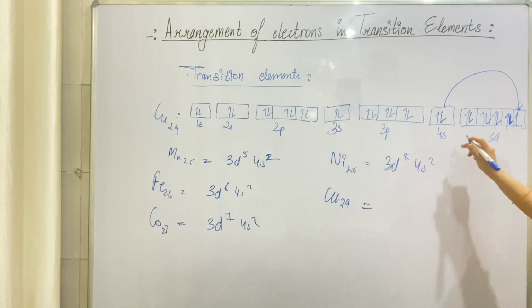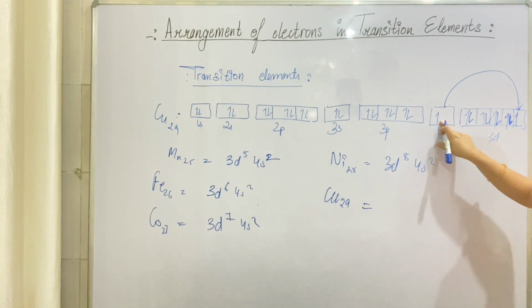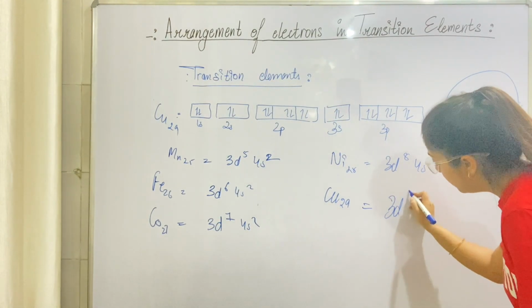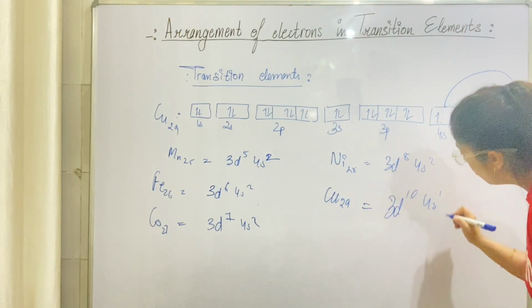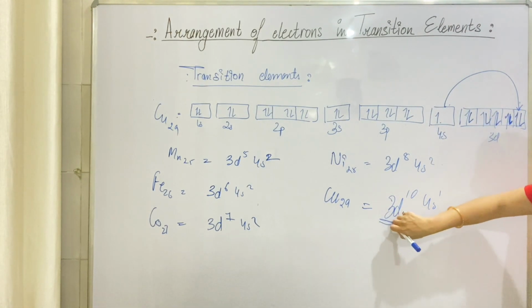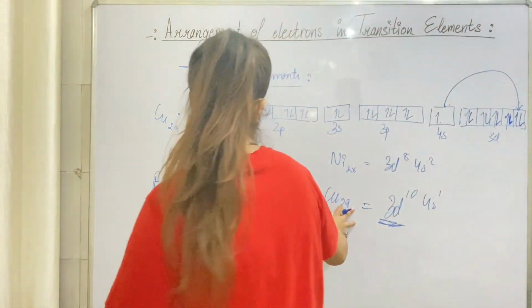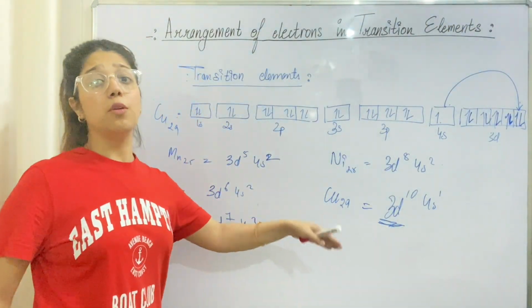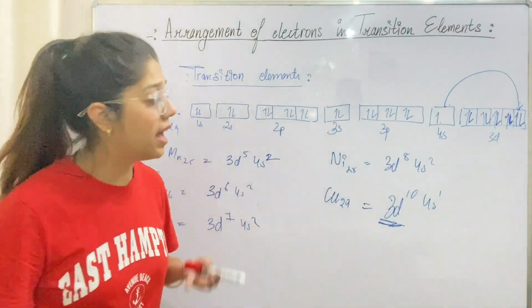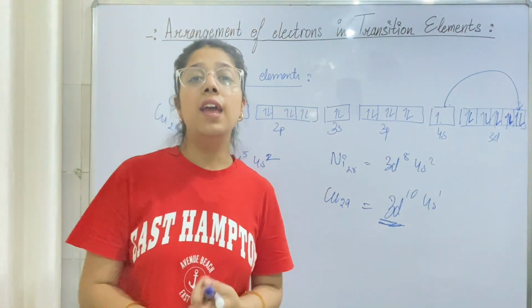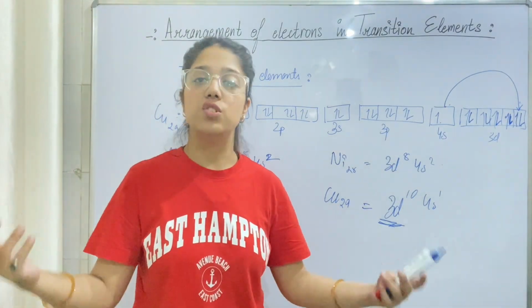Because we cannot write it as 4s2 and 3d9. Instead of that, we will write it as 3d10 and 4s1. Why? Because 3d10 is a completely filled orbital, and half filled and completely filled orbitals are more stable, as I have already told you, because of symmetry and because of the exchange energy, of course.